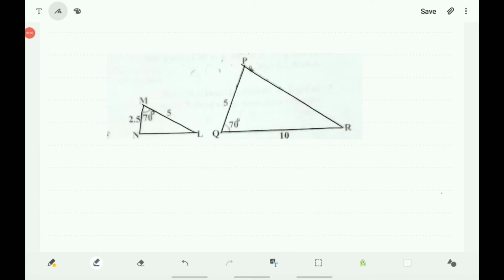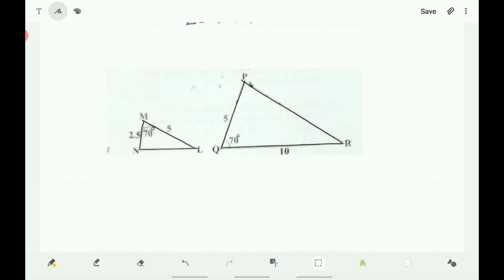According to the SAS similarity criteria, you have to verify whether the two sides are in proportion and the included angles are equal. By observing, you can conclude that 5 is double of 2.5 and 10 is double of 5, and angle M and angle Q have the same measurement.